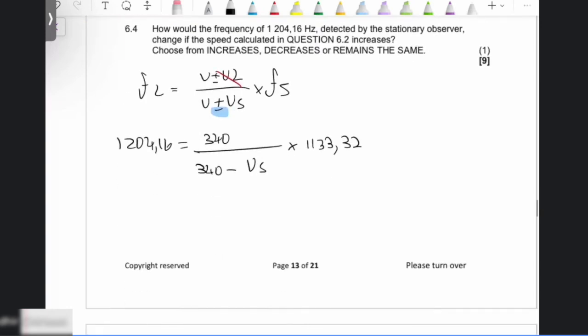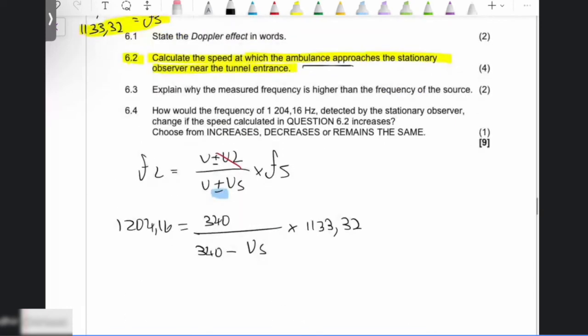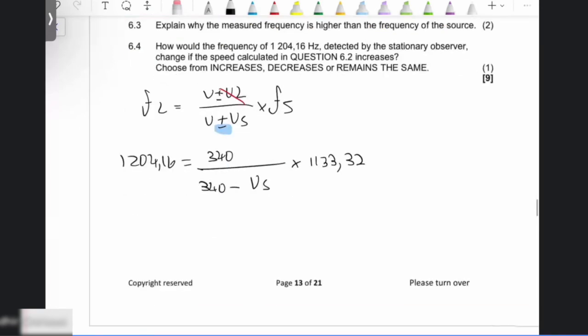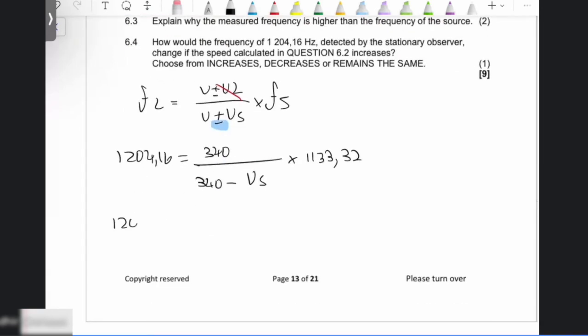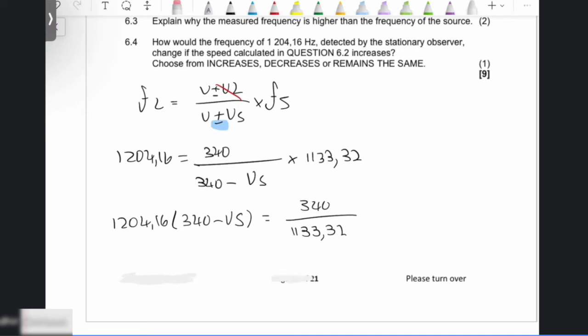So all we're going to do from now is solve for velocity here. So it's 1204.16 times the 340 minus the Vs is equal to 340 all over the 1133.32. And we're just solving for that velocity of the source. Let's go and solve for this.